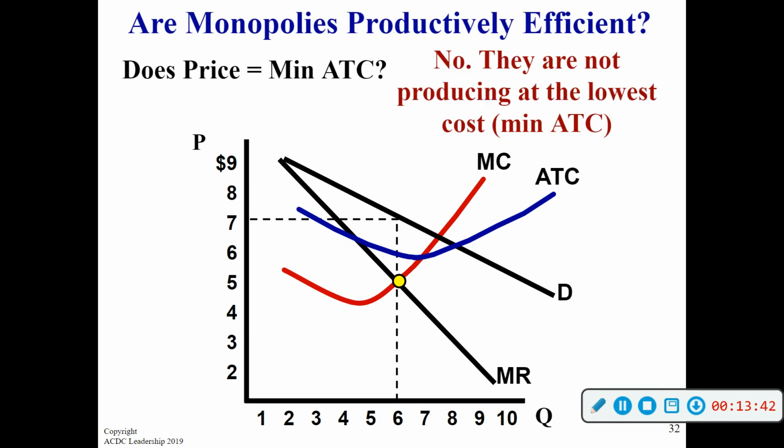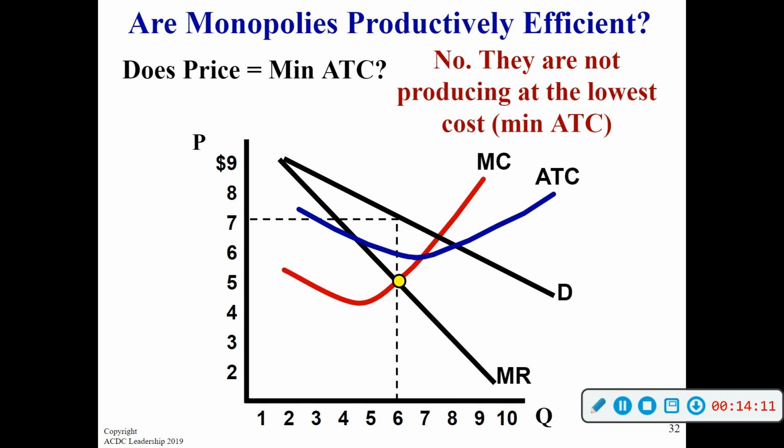So this is saying, are they productively efficient, meaning they would be producing there at the minimum point of the ATC? No, because they're always going to produce where MR equals MC, that profit maximizing output. But as long as you can recognize these other points of efficiency on the graph, that's all they're looking at. And so here's your productively efficient point, where cost is at a minimum. Here, where marginal cost and demand intersect, that's your allocatively efficient point.